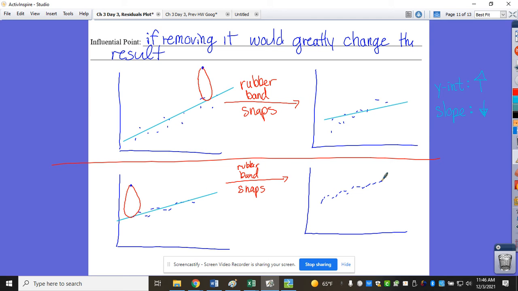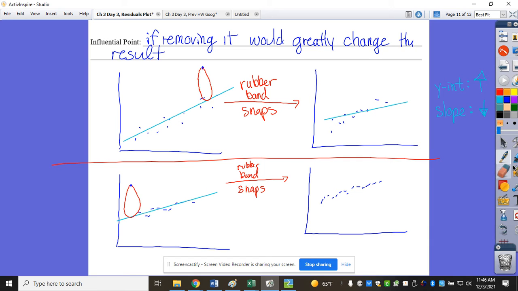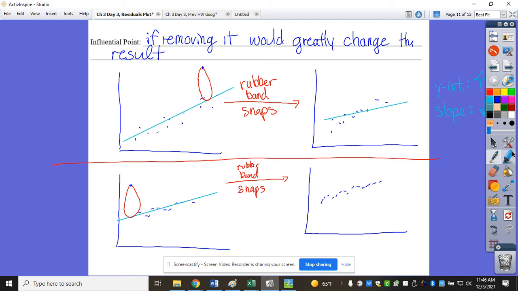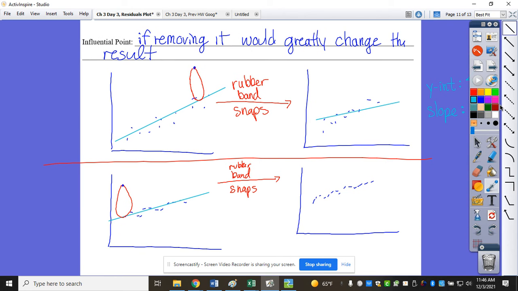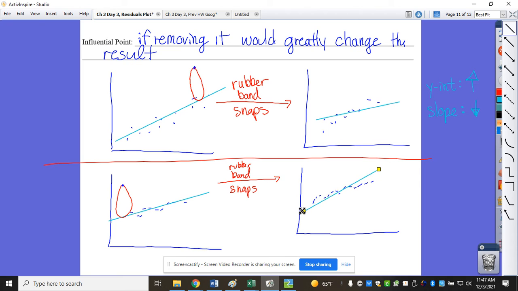So if it is pulling it this way, when that rubber band snaps, now what's going to happen? What's going to happen to my y-intercept? It's going to decrease. What's going to happen to my slope? I'm exaggerating to show you what's going on there. I'm not worried about what my points actually were.